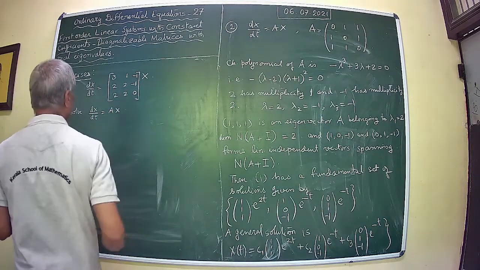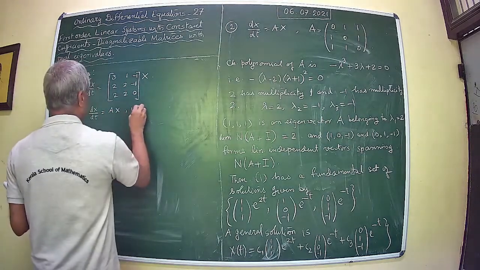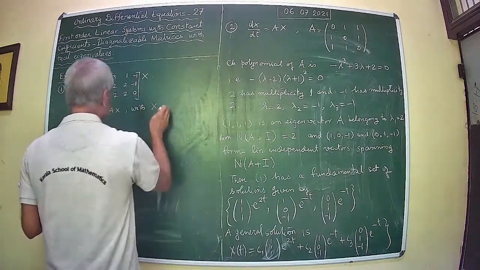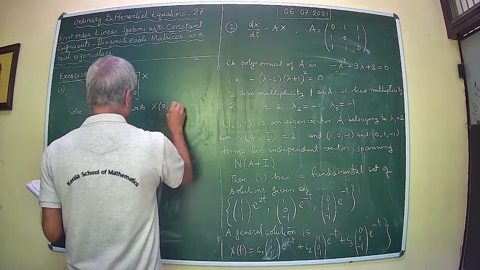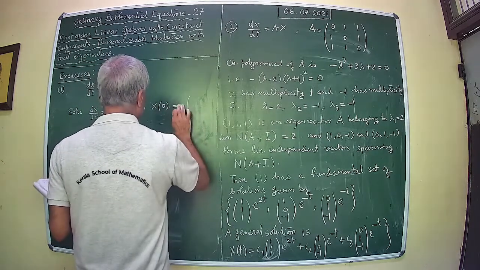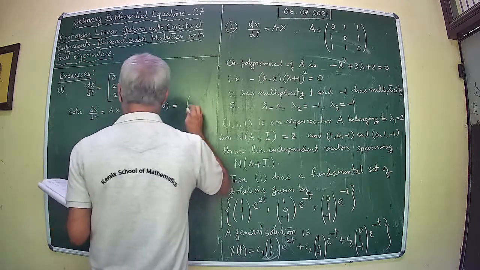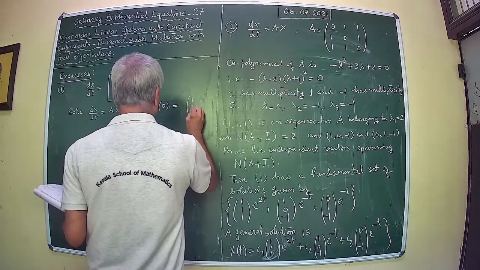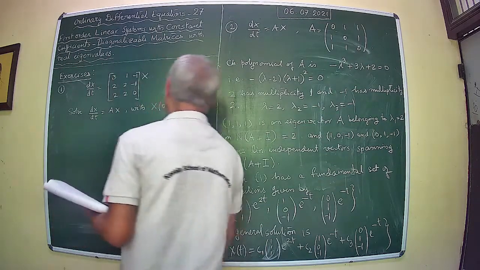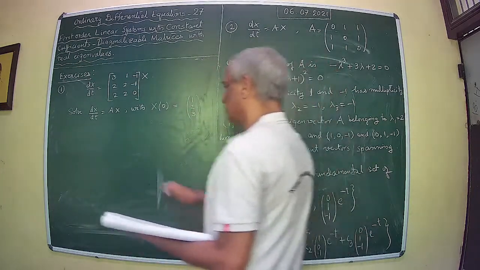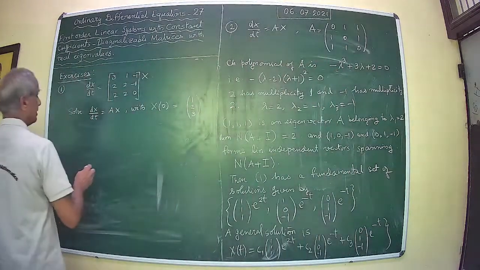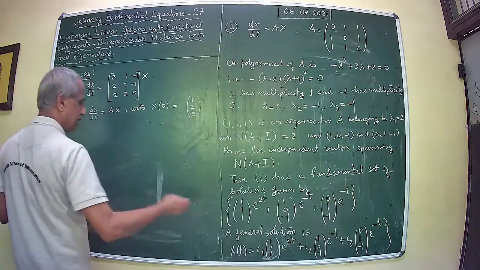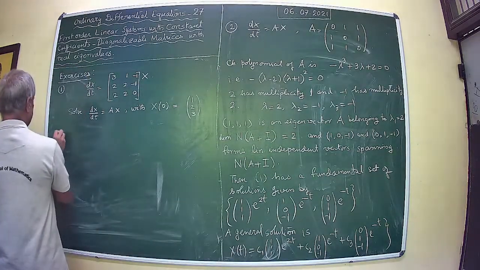Where A is given by this. So you find the general solution and then find the particular solution.